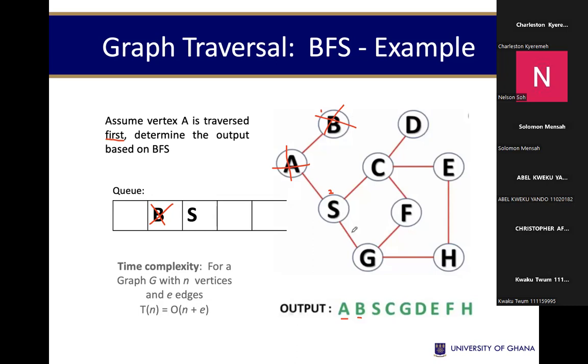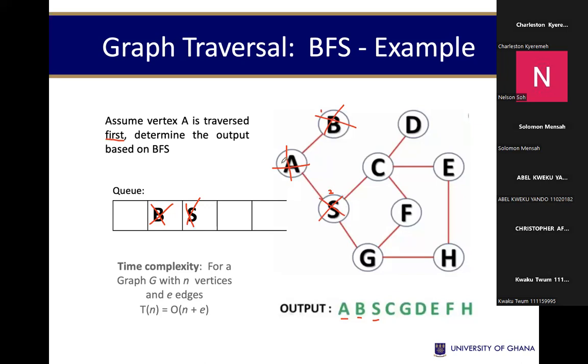Now, when we are done, remember S was marked as number 2, which is the next in the queue to be visited. So all I'm going to do is visit S. Visiting S means that I'm going to remove S from the queue, and I'm going to output S. But watch it, before I can output S, I need to also check who S is adjacent to.